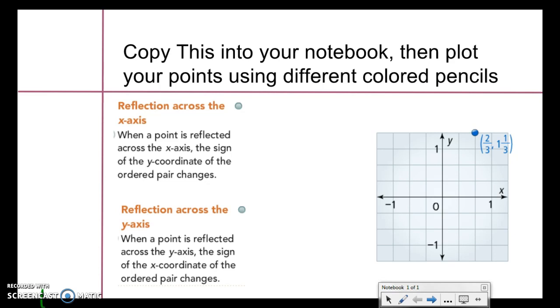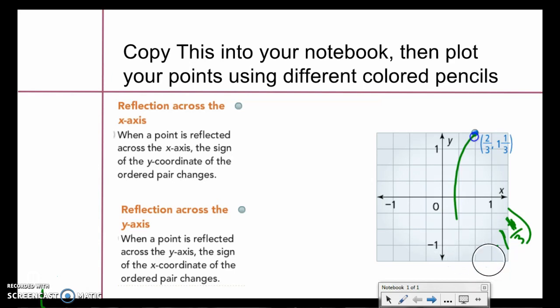So if you're reflecting over your x-axis, which means you're basically jumping over the x-axis to the opposite side, the only coordinate that changes is the y. It's going to turn negative. Oops. And 1/3. That's a 1, by the way, not a b. Okay?